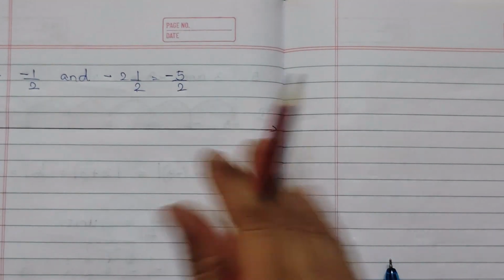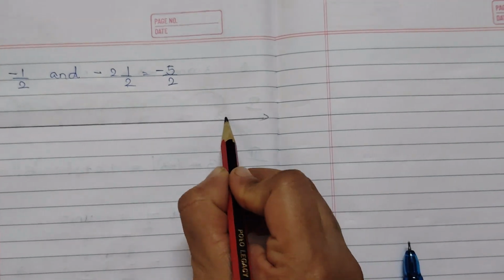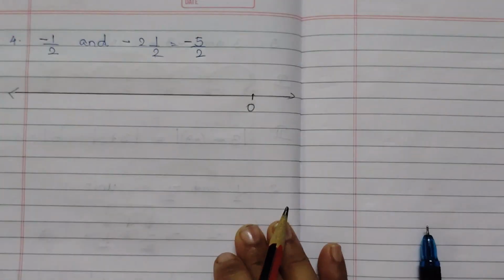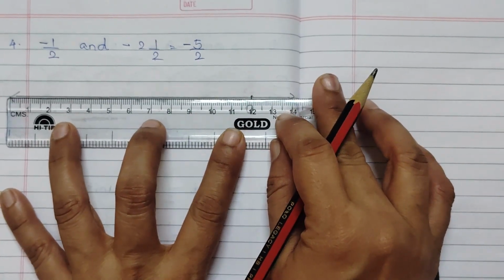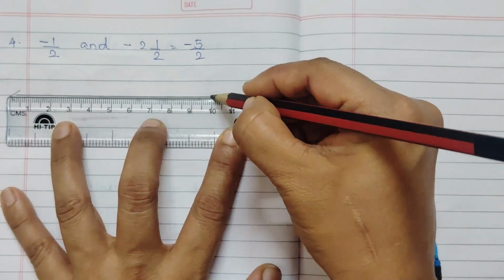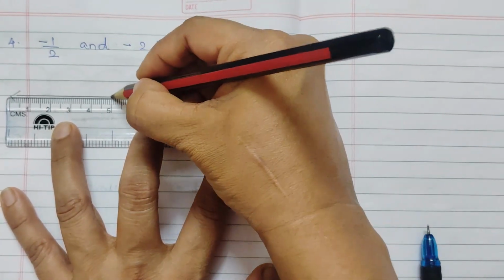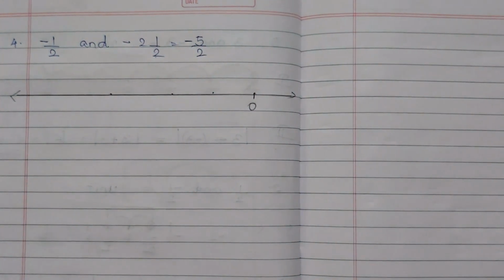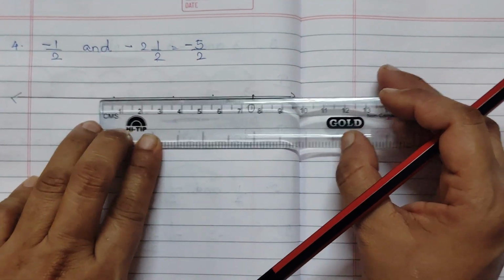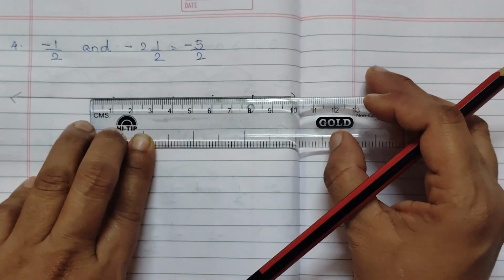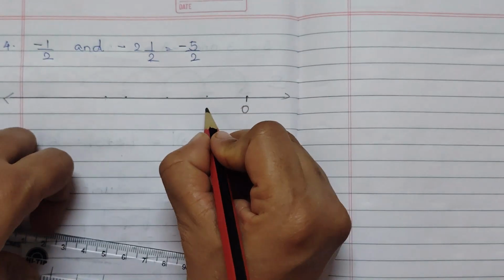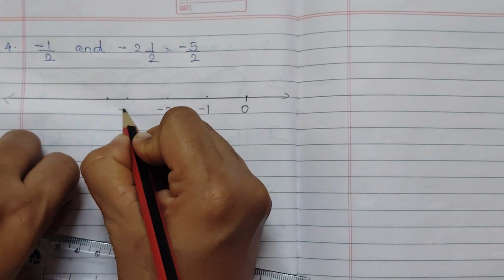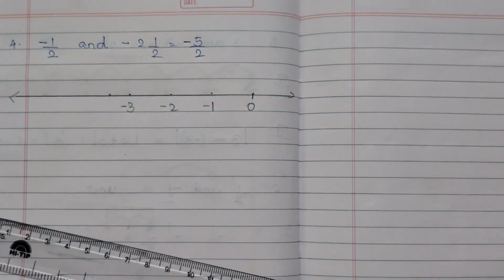Both are negative, so I will write 0 over here. Okay, now I will mark the points. So this is minus 1, minus 2, and this is minus 3.